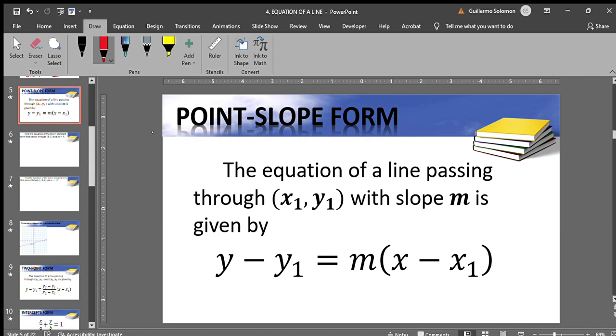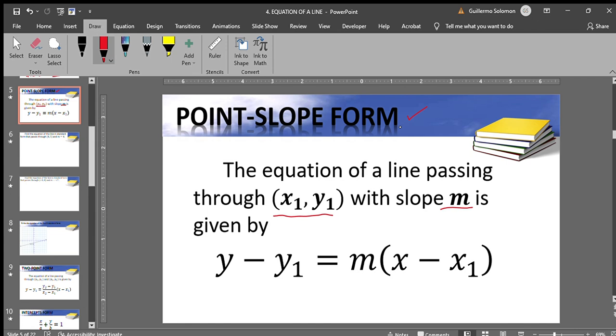Okay, gagamitin natin si point slope form if our given has a point and a slope. Ayun lang ha. Kapag slope-intercept form, we have the slope and the y-intercept. This time, we have a point on the line and a slope.